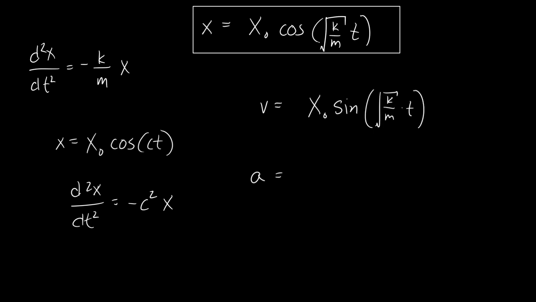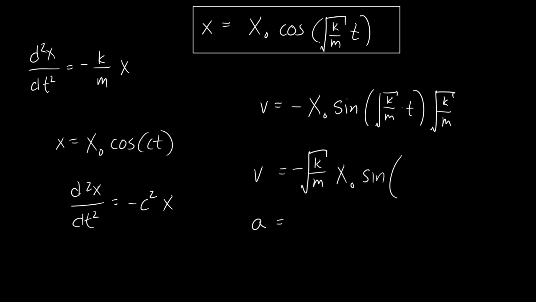But now we have to use the chain rule, which brings out the square root of k over m. And because we went cosine, it produced a negative sign. Cleaning this up just a little bit, my velocity would be equal to negative the square root of k over m, x naught, sine of the square root of k over m times t.